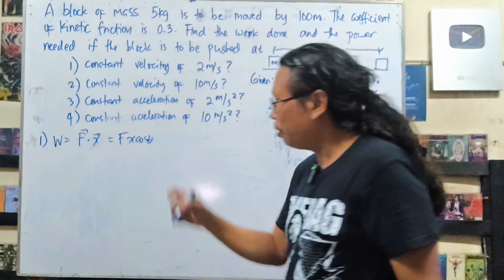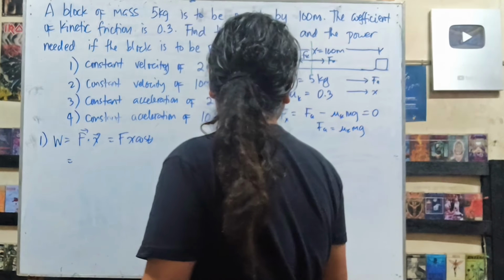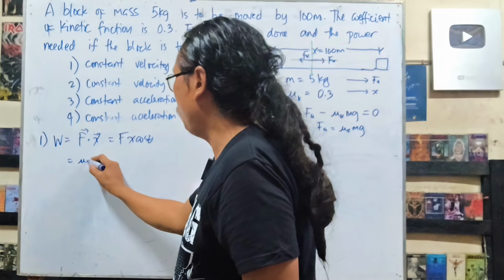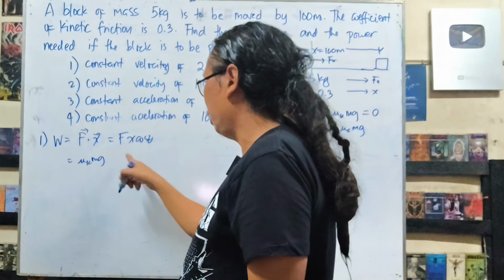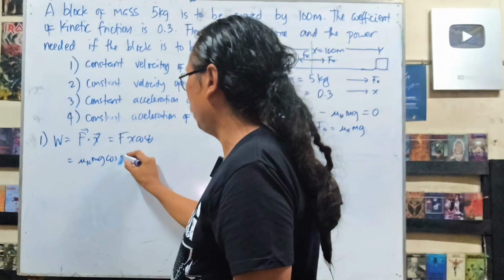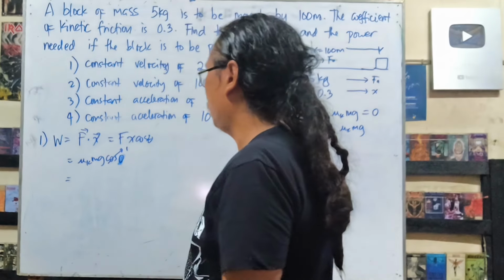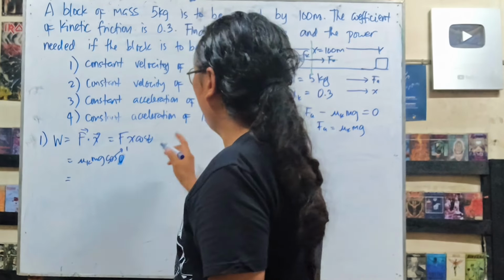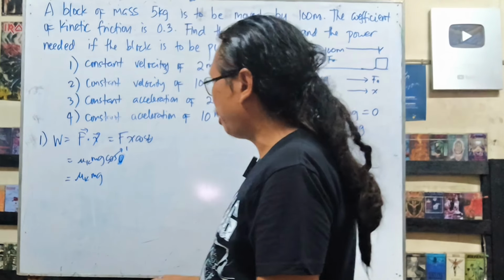That means this is just equal to the applied force, mu k mg, times cosine of 0, which is 1. So this is just mu k mg.